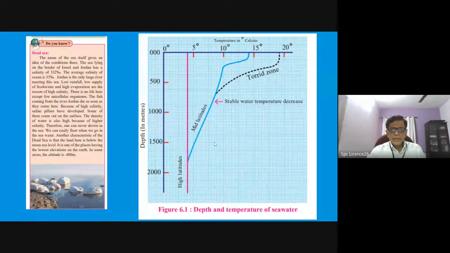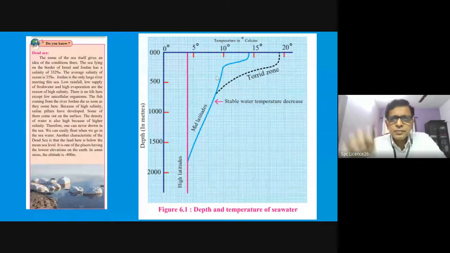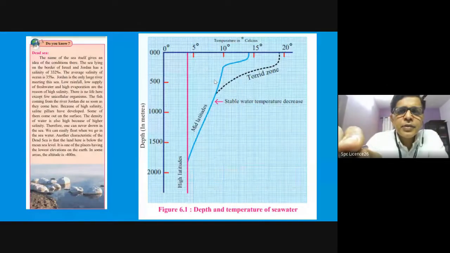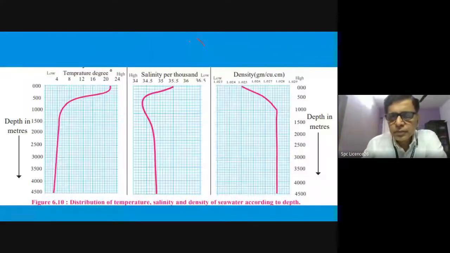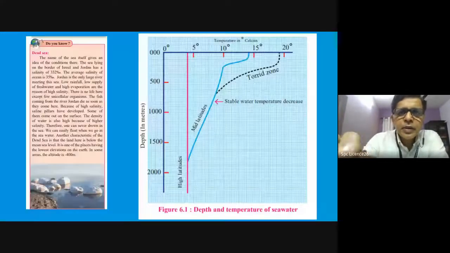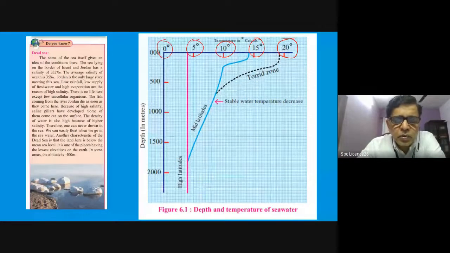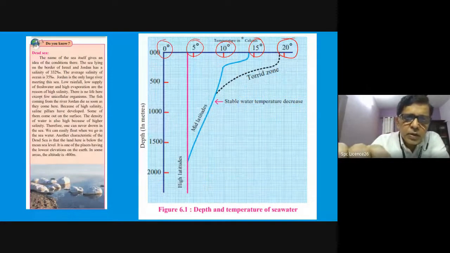Speaking about the depth and the temperature of the sea water, let us start with this. You have temperature in Celsius: 20 degrees here and 0 degrees here. What is interesting to note is that the oceanic waters, saline waters particularly, never go to 0 degrees.